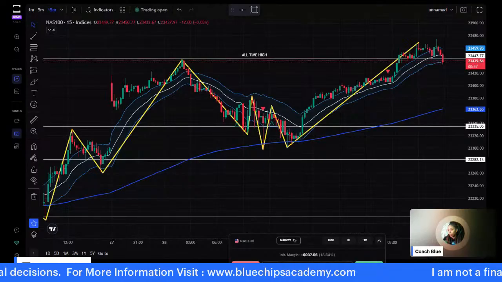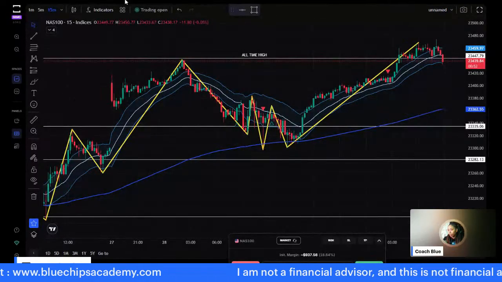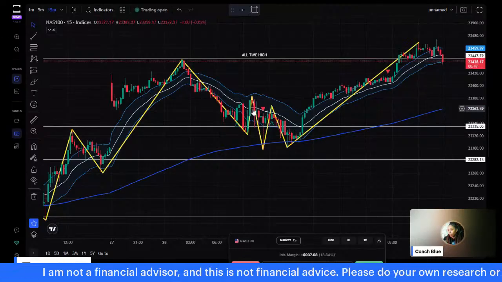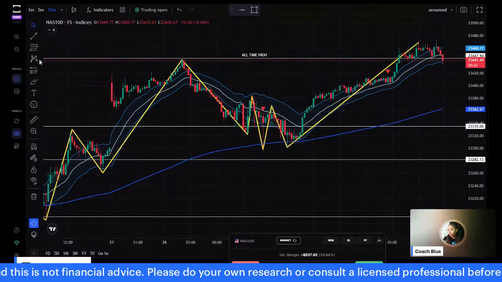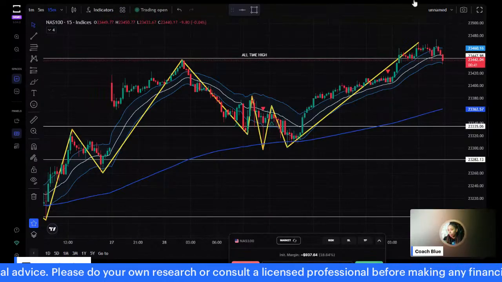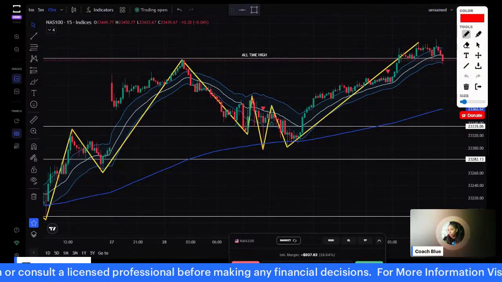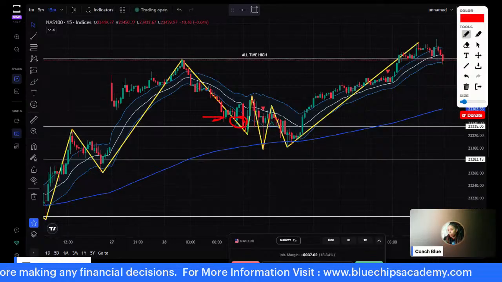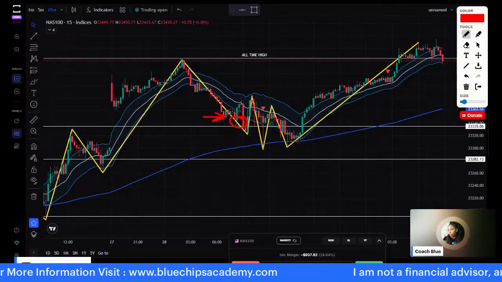Okay. Now, what I'm looking at here for NAS is a couple of things. Remember, the price came outside of the bottom of the Keltner. That's what we're looking for. So when I look at this, the first time I got in was here, on this candle. So price came out, and I believe I got stopped out on this wick right here.